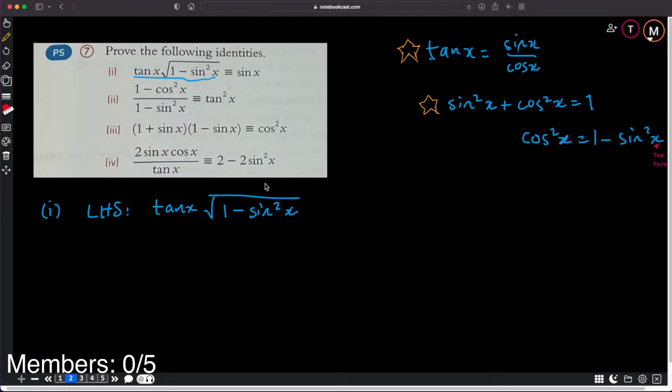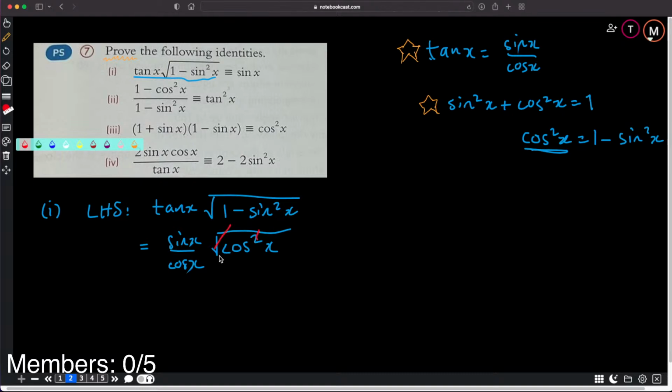This is how you solve trig identities, by the way. You pick one side, and then you show that it is equal to the right-hand side. So here I'm going to substitute sine x on cosine x for tan x. And then I'm going to substitute cosine squared for 1 take sine squared under this square root. And then you notice if we have the square root of something squared, they cancel each other out.